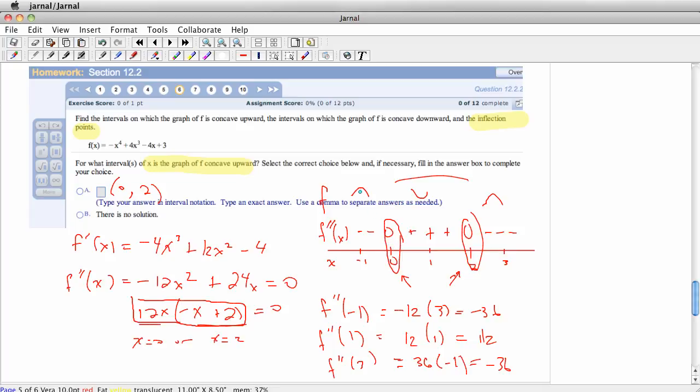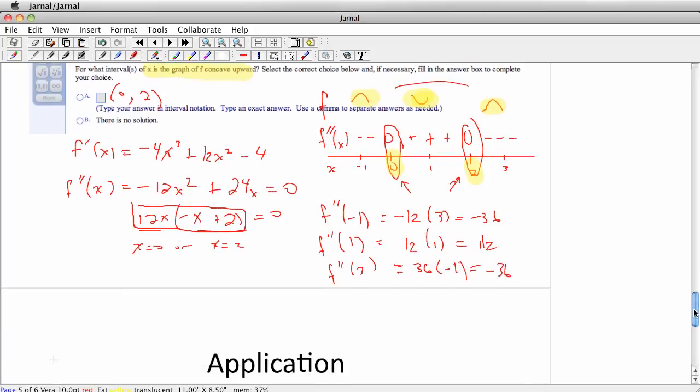So we saw up here that our graph did change from concave down to concave up, and so automatically we know that that's an inflection point. Up here we saw the graph change from concave up to concave down, and so immediately we know that that's an inflection point. So an inflection point just means a place on the graph where the concavity has changed, either down to up or up to down.